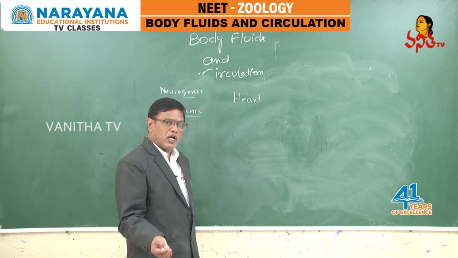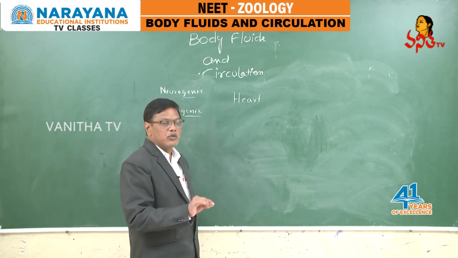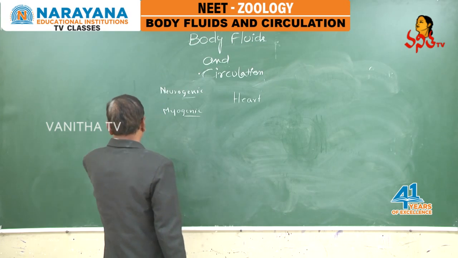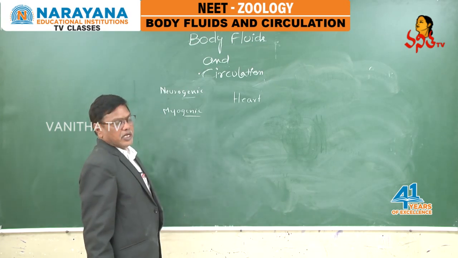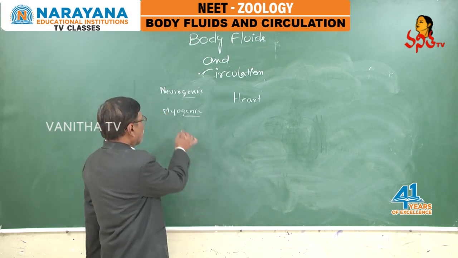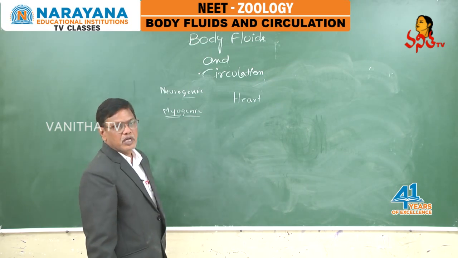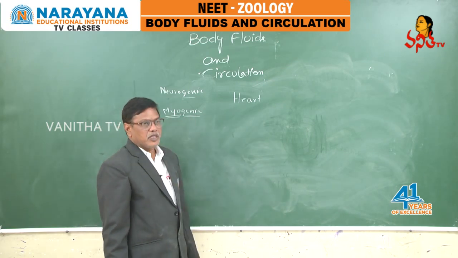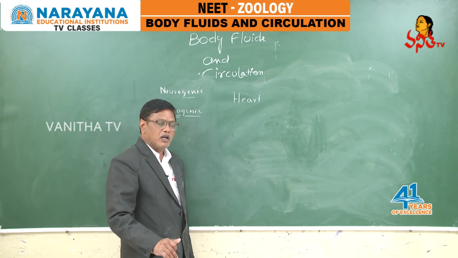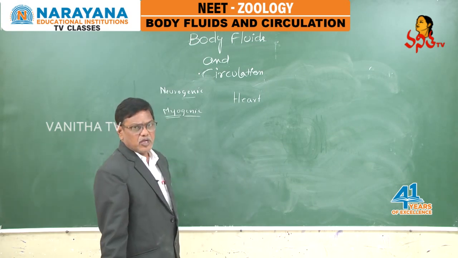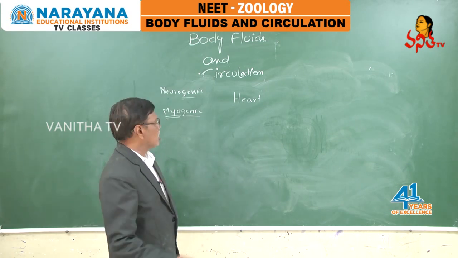This type of heart is present only in arthropods. If the heartbeat is generated by muscles, that is a myogenic heart. The myogenic heart is present in molluscans and all chordates except cephalochordates, where the heart is absent.